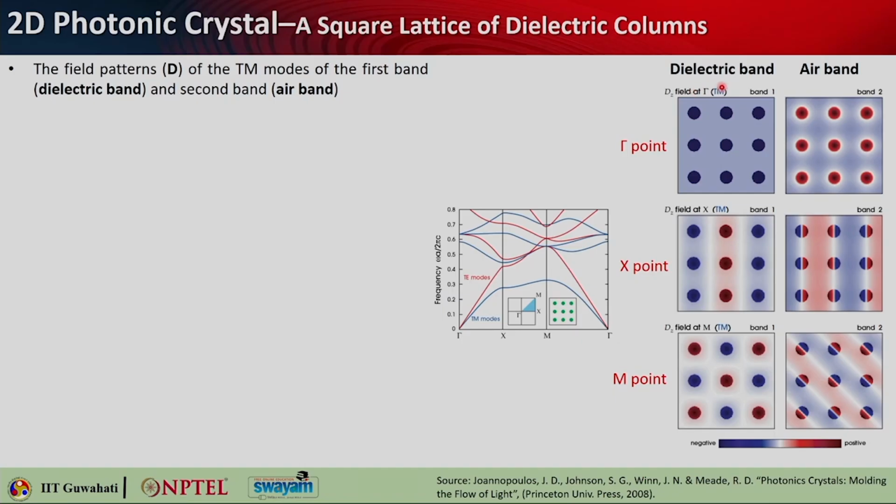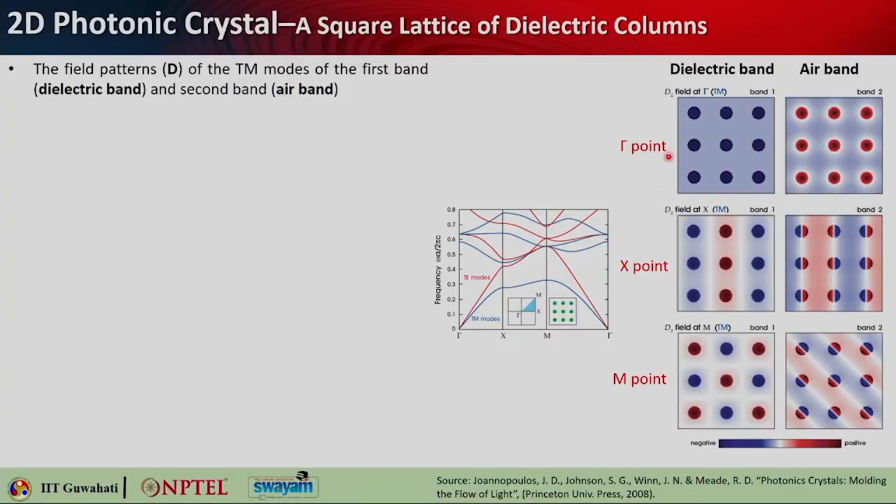Now, let us study the field of the TM modes of the first band, which is also called the dielectric band, and the second band, which is called the air band. What are this dielectric band and air band? If you think of photonic bands above and below the band gap, they can be distinguished by where exactly the energy of that particular mode is concentrated.